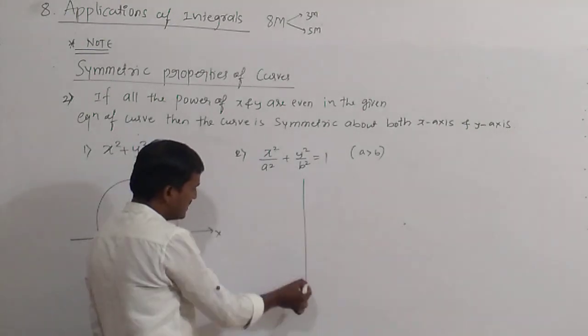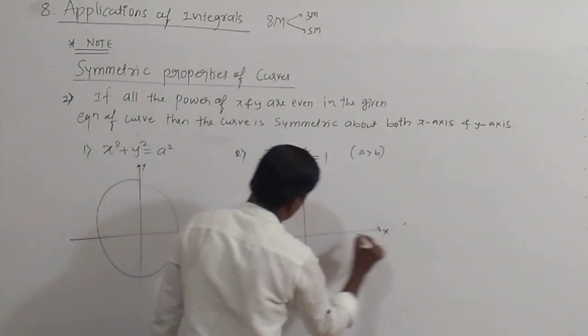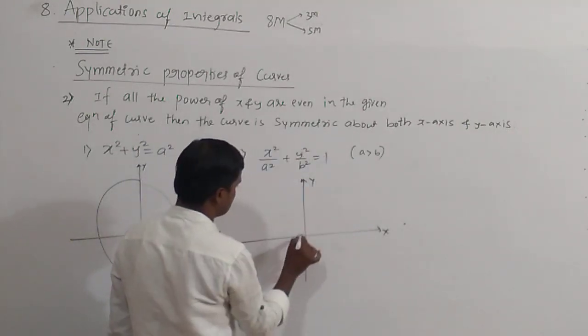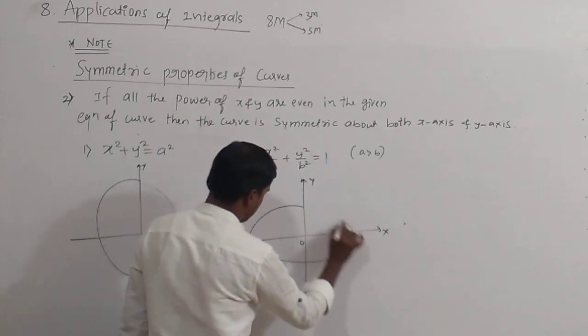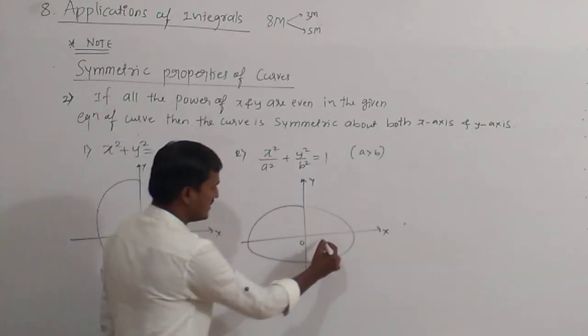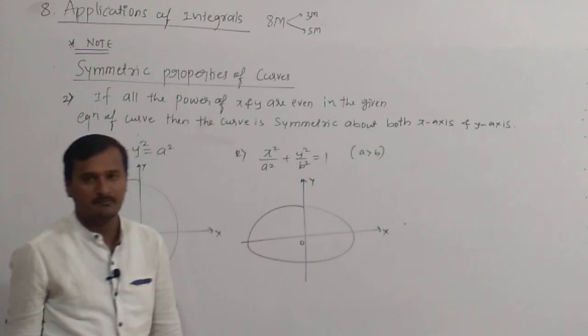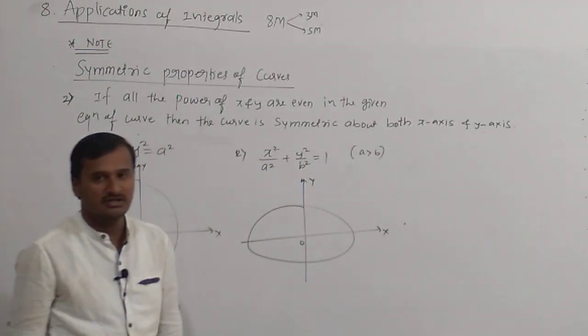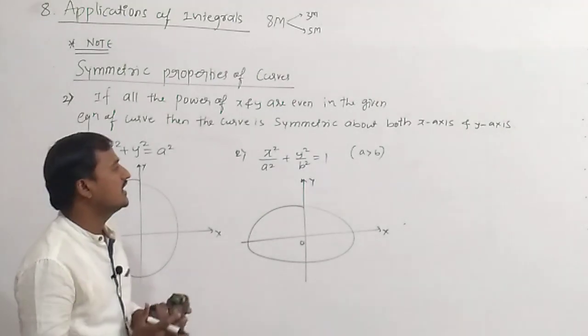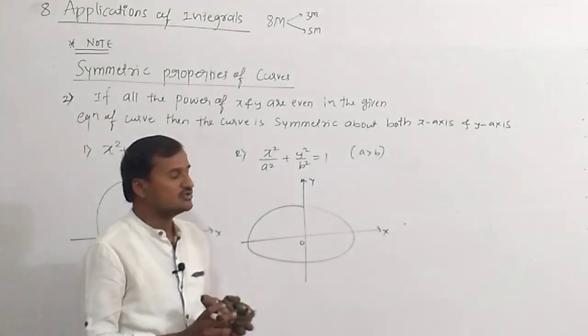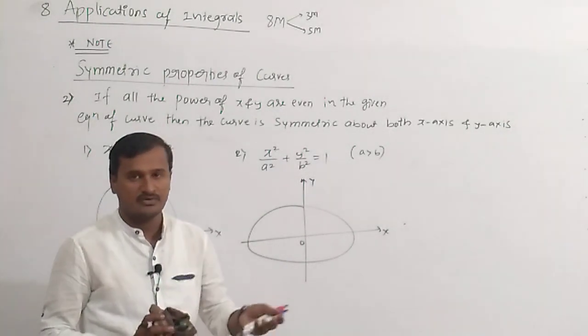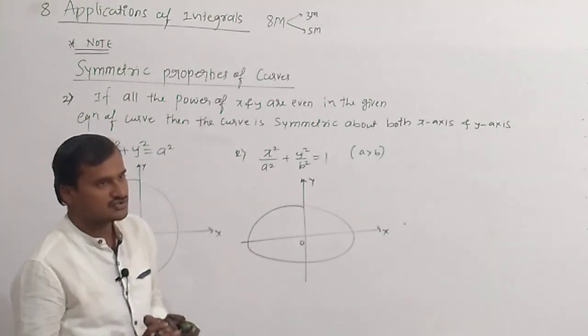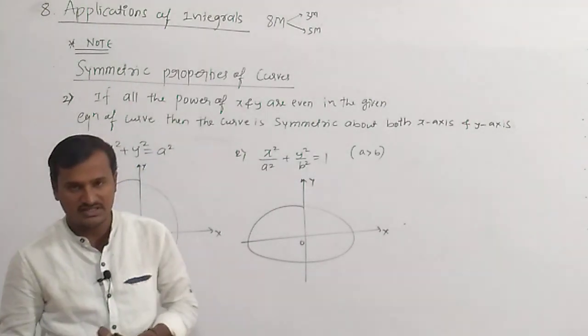So in this case again it is symmetric about both the x-axis and y-axis. Here a is the major axis and b is the minor axis, the length of the major axis and the length of the minor axis. You should remember these points, as they help you to solve the exercise problems.